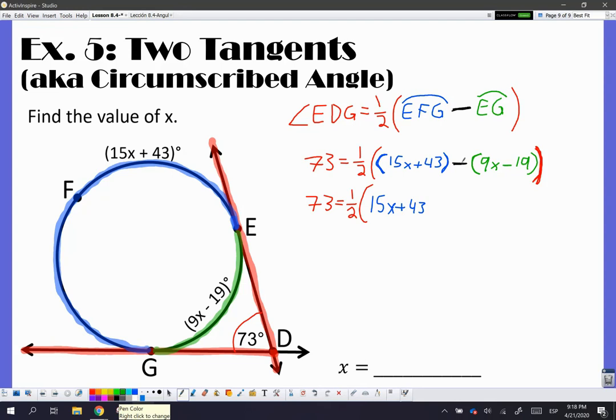notice that I do have that negative in front of the parentheses. If you remember from Algebra 1, that means that I need to distribute this negative to each term inside the parentheses. So it's like if I have this -1 in front, and I'm going to be multiplying that -1 with each term that I have inside the expression.